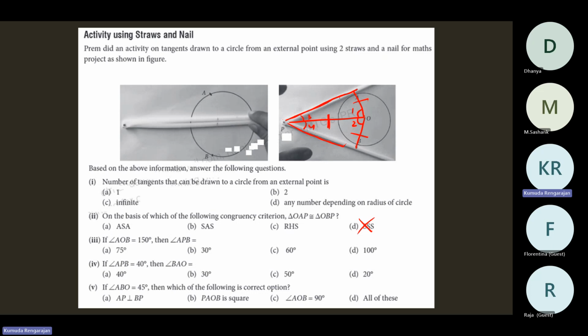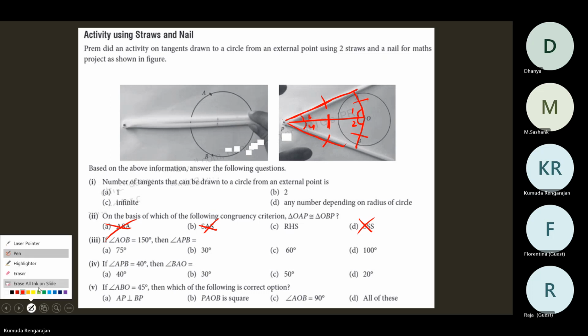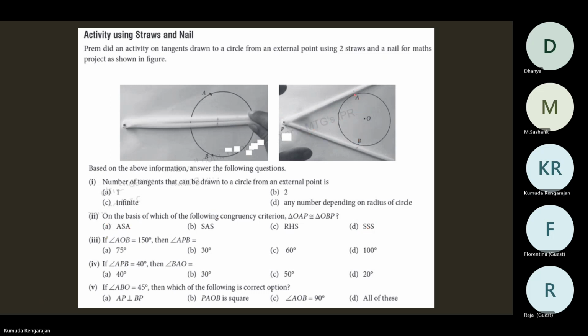All that comes after we understand that PA is equal to PB. So it cannot be SAS or ASA also. Though we know that angle 1 is equal to angle 2 and angle 3 is equal to angle 4, these results follow the result PA is equal to PB.